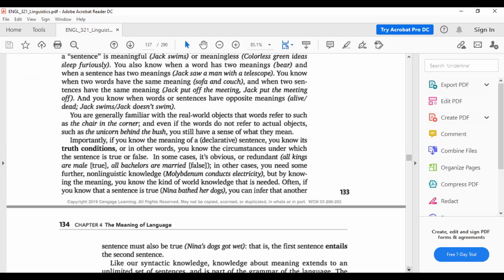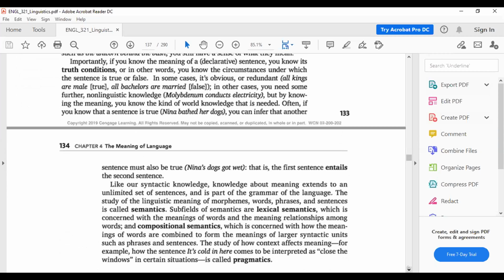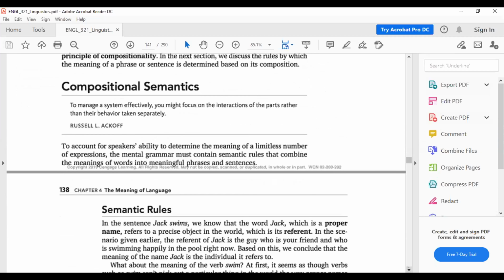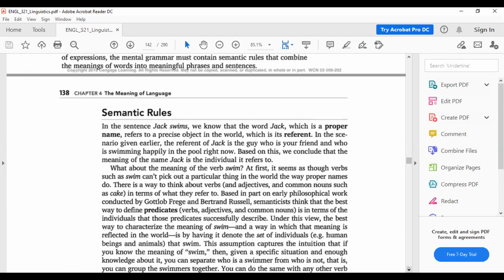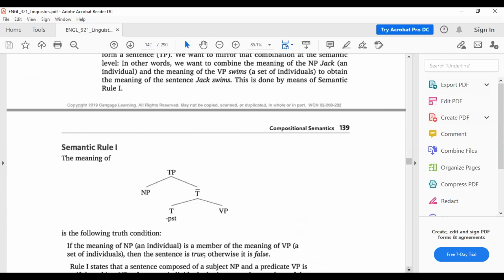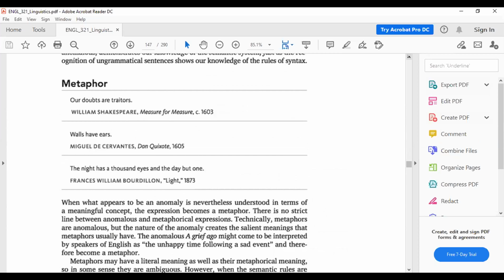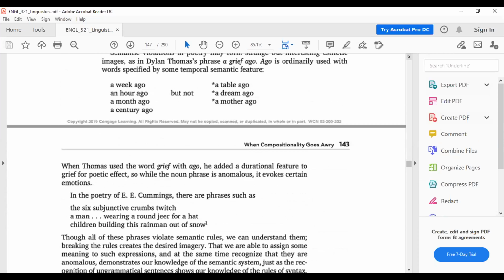You can write this down. 133 to 137 included, 138 to 143 not included. Okay.